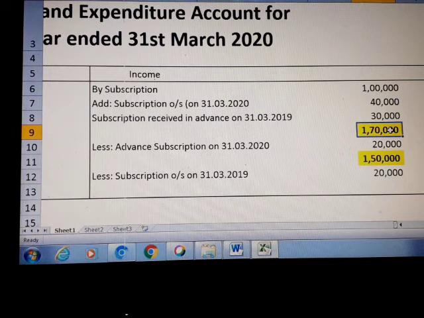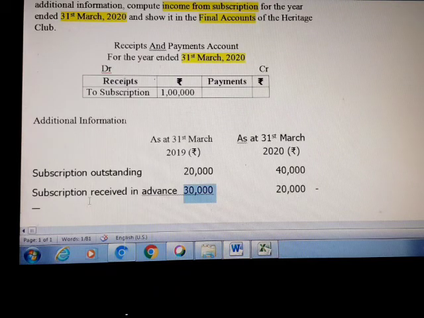From this 1,70,000, I have to eliminate, that is, I have to subtract the amount of subscription which I received in advance, okay, for the current year 20,000. So current year I received 20,000 rupees, okay, towards 31st of March 2020.